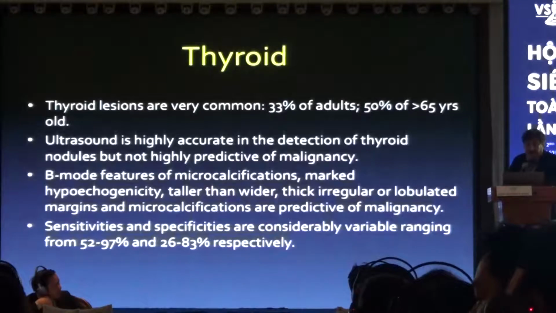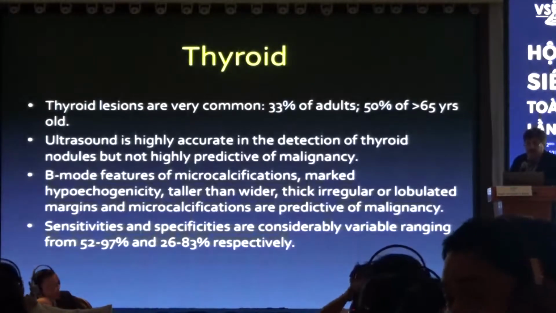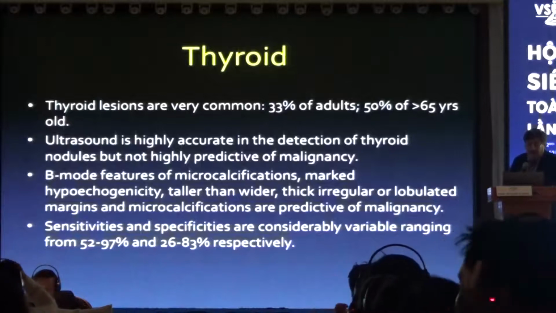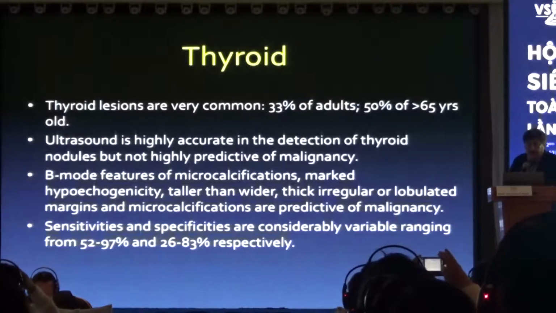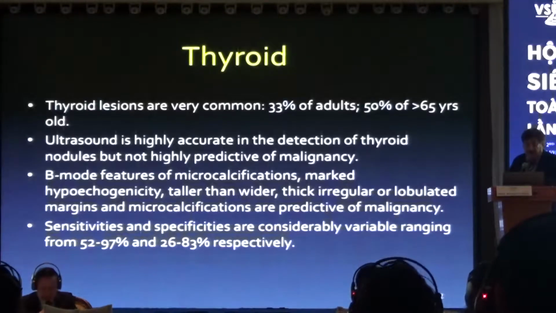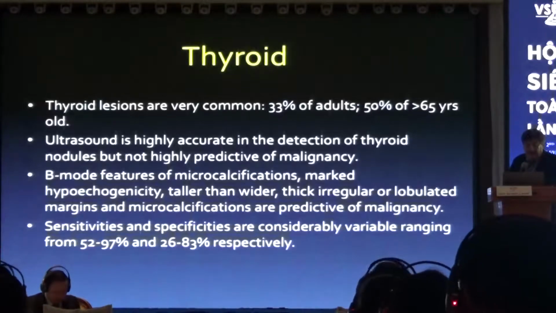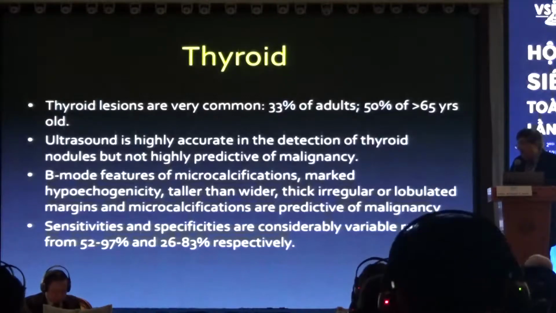Ultrasound is very highly accurate in the detection of thyroid nodules, but it's not very good at predicting malignancy. B-mode features of microcalcifications, marked hypoechogenicity, taller than wider, thick irregular or lobulated margins are predictive of malignancy. And specificities and sensitivities range very widely in the literature.